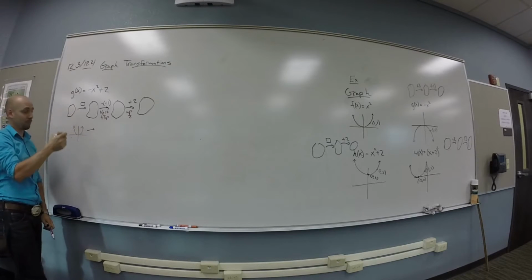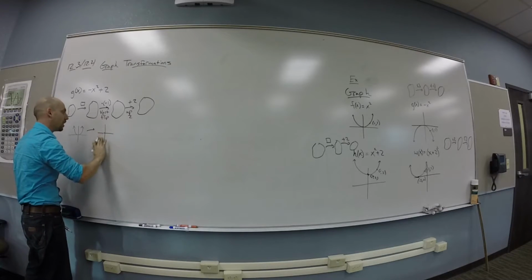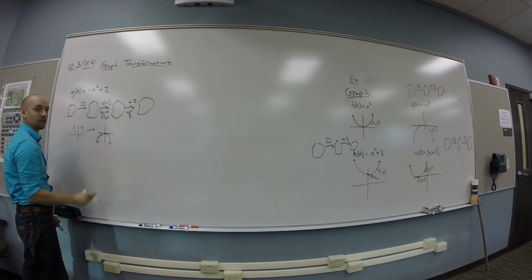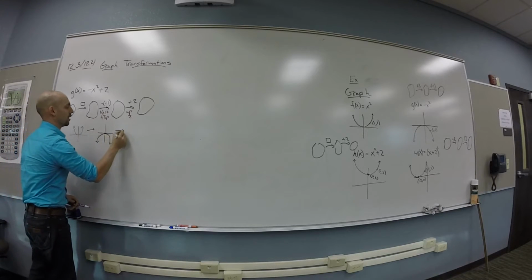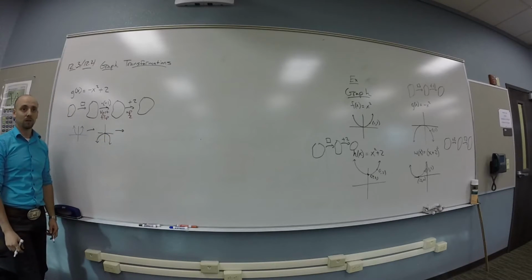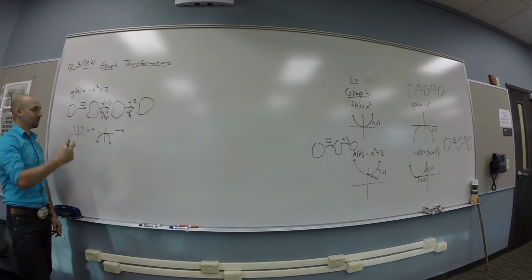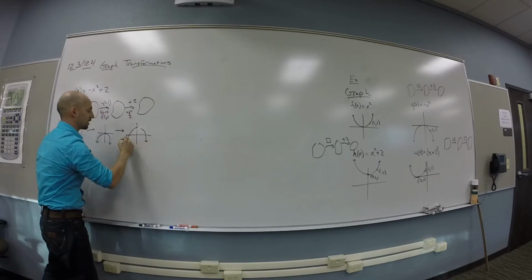So I swap the positive and negative y's. So that'll give me something like this, right? This is the worst sketch ever, yeah? And then what do I do to it? Shift it up 2. Okay, so it's going to look like this, right?